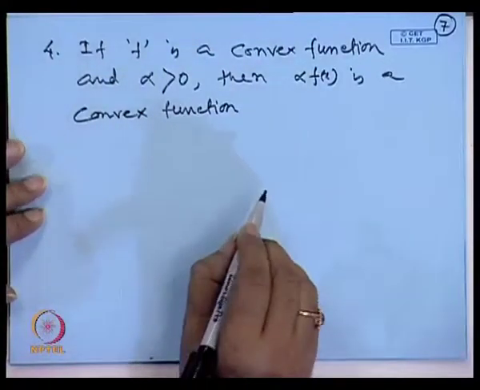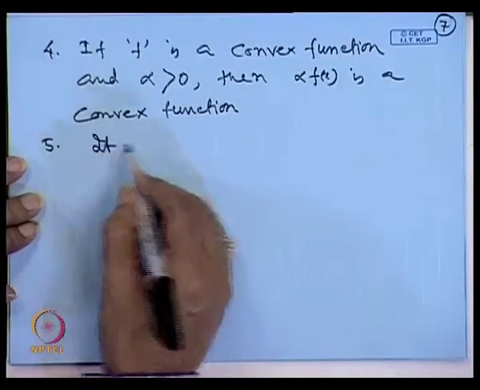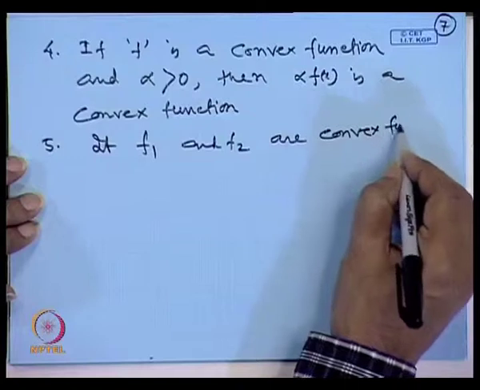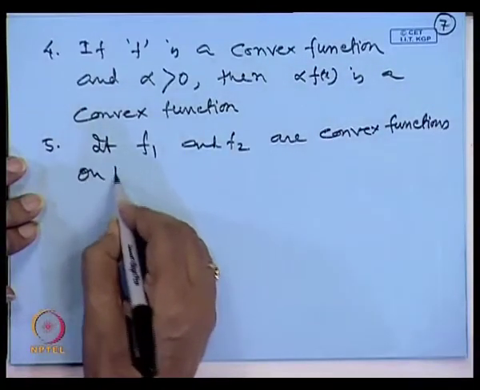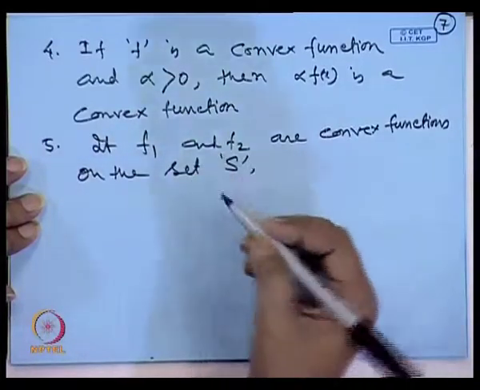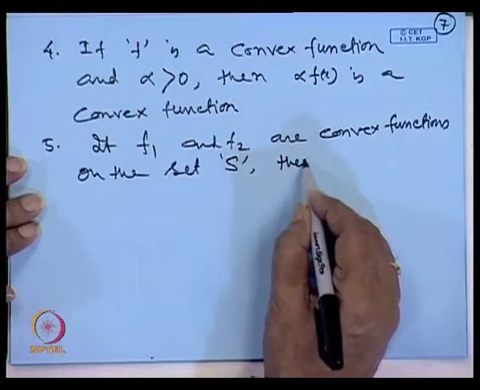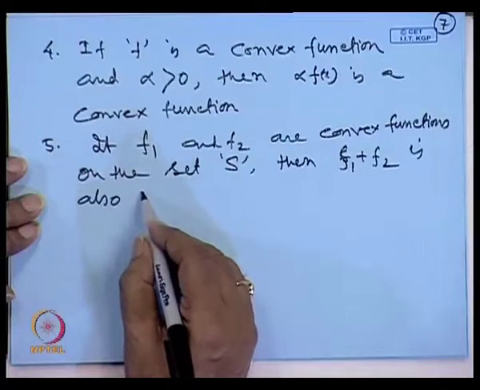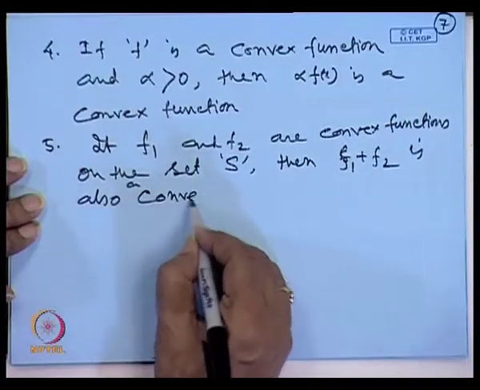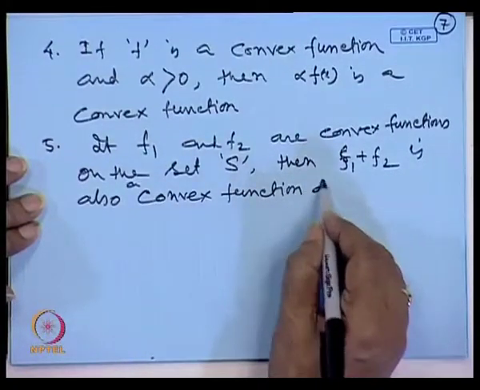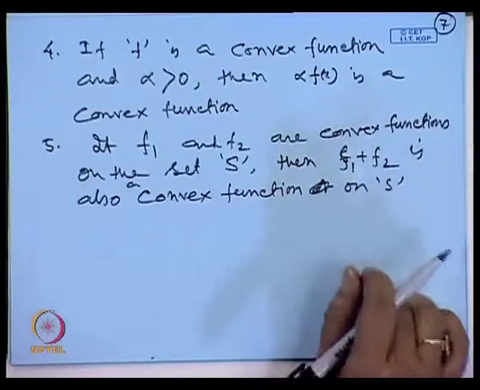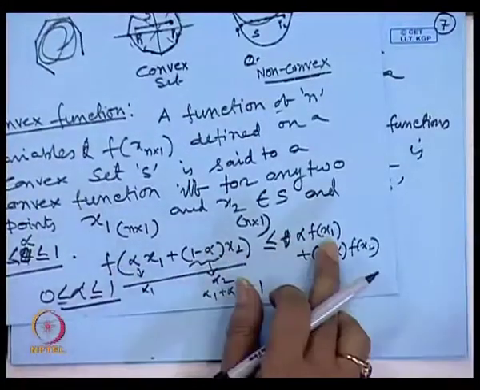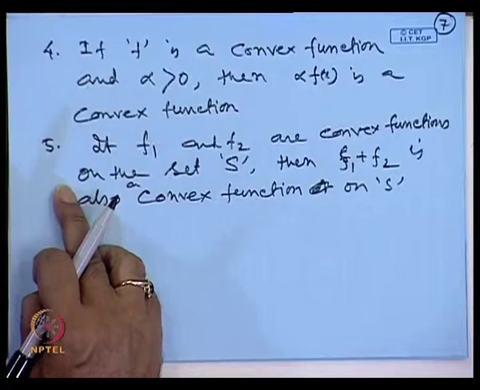In that set. Then the fifth property is, as we just mentioned, if f1 and f2 are convex functions on the set S, then f1 plus f2 is also a convex function on S. This proof you can do simply by the definition of a convex function; from that definition, 4 and 5 you can easily verify.